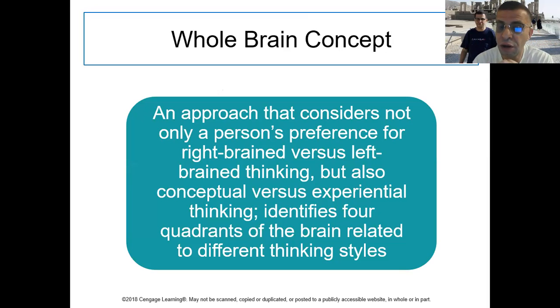It identifies the four quadrants of the brain related to different thinking, so that you have the left brain versus the right brain, and also an influence of conceptual versus experiential on the left or right style.